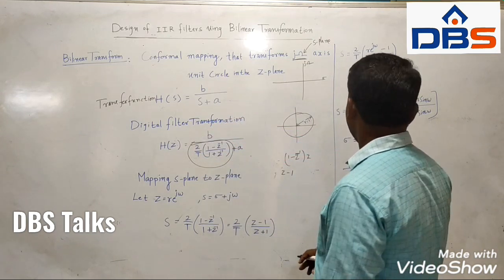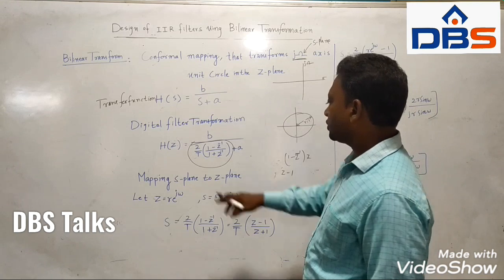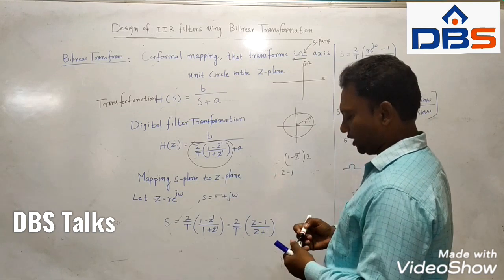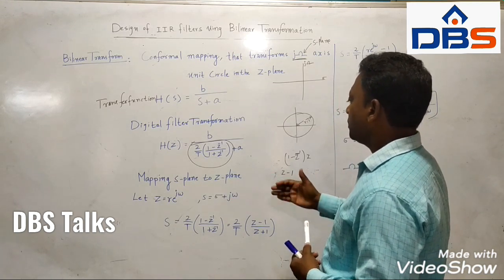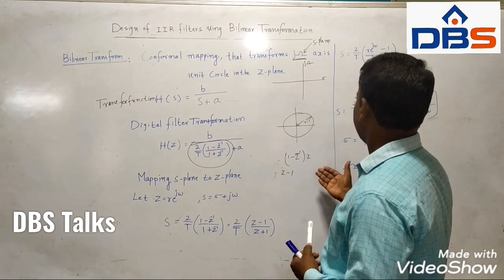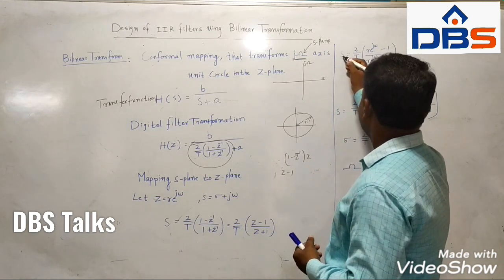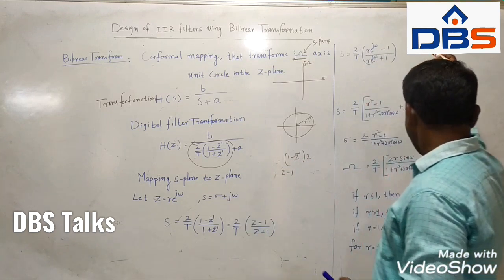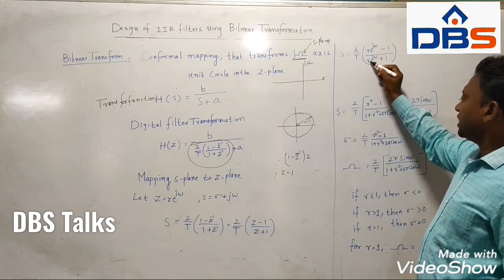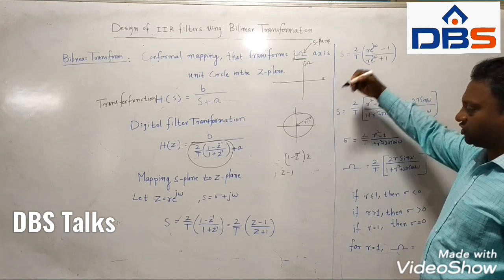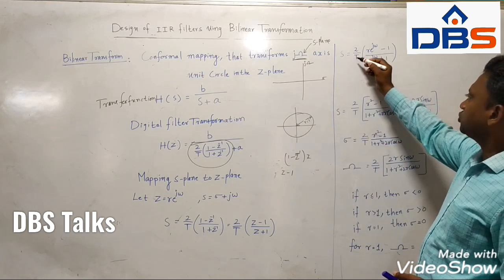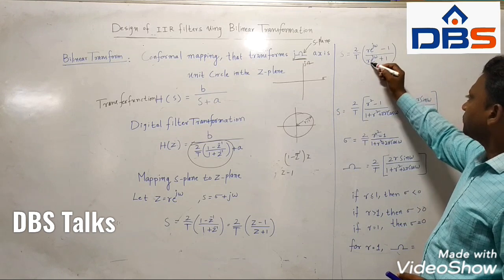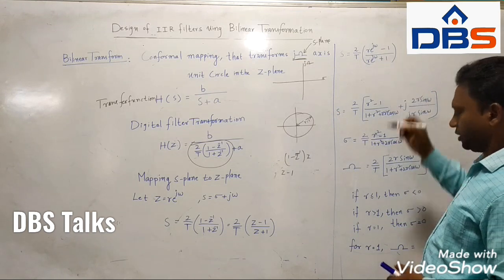Okay. Now what we do is we substitute z is equal to r e power j omega. That is the mapping from one plane to another plane. So s is 2 by T, z is r e power j omega minus 1, z again r e power j omega plus 1. Now the s value is taken, so s is 2 by T, r e power j omega minus 1, r e power j omega plus 1.